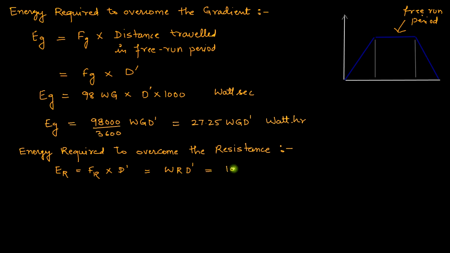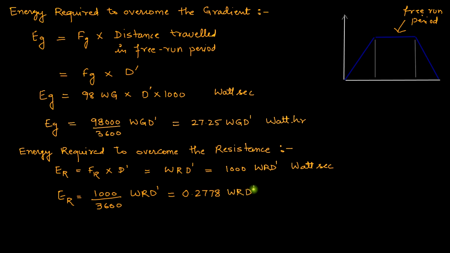This will be equal to 1000 times WR d dash, and the units of this will be in watt second, but we need the unit to be in watt hour, so I will divide this expression with 3600, and finally I will get Er to be equal to 1000 divided by 3600 WR d dash, and this will come out to be 0.2778 WR d dash in watt hour.